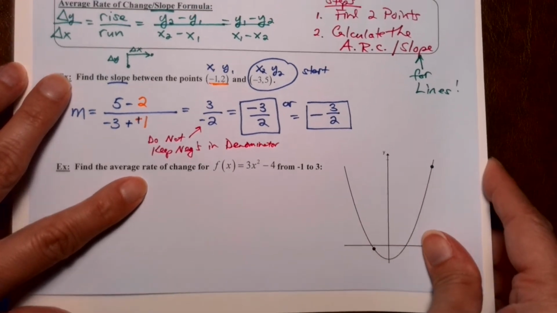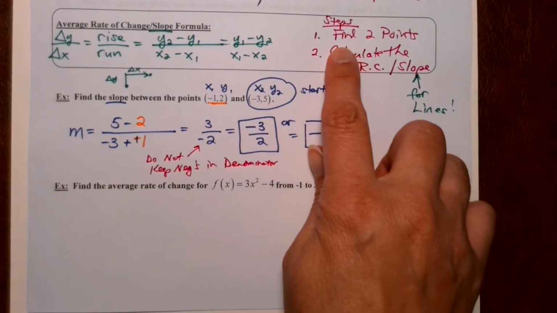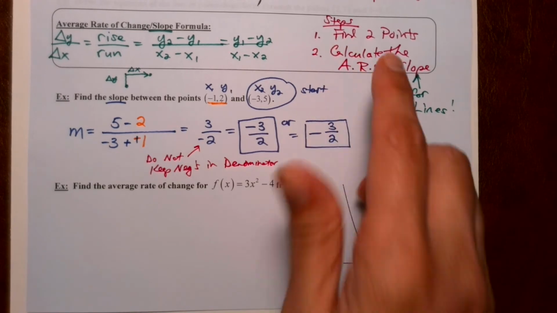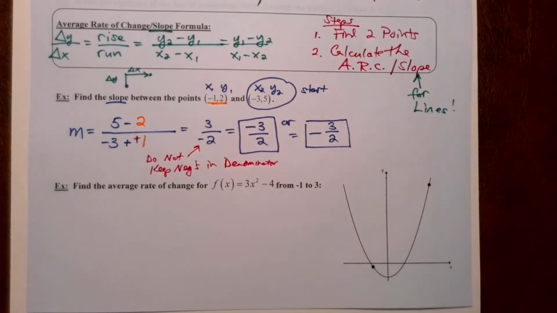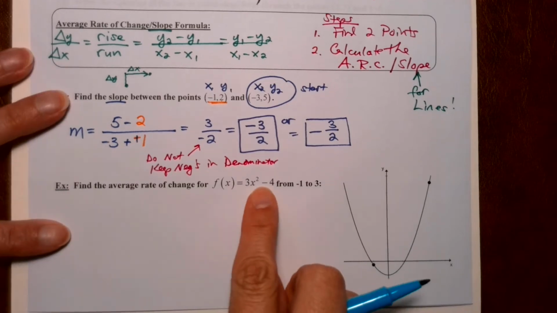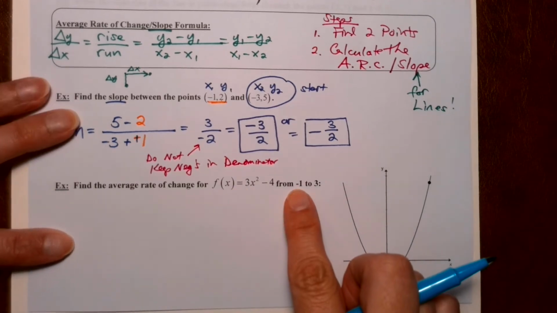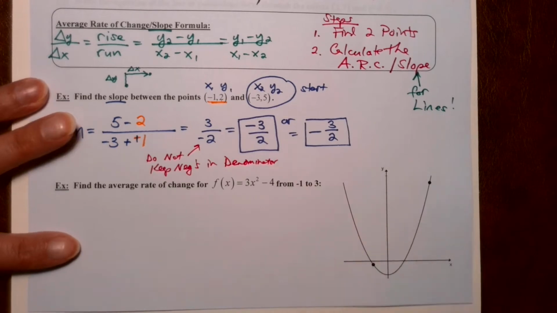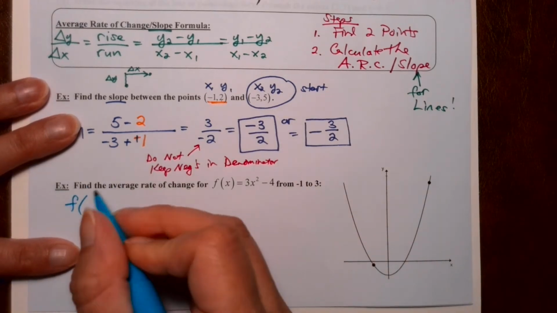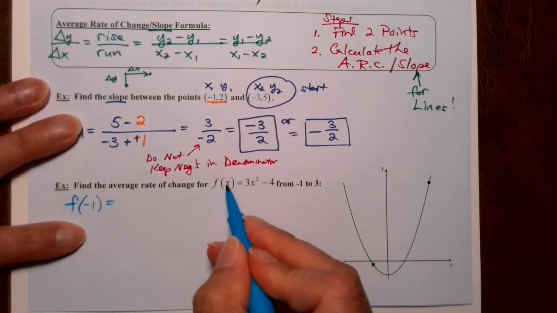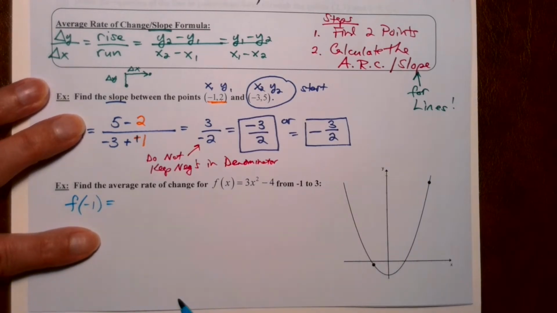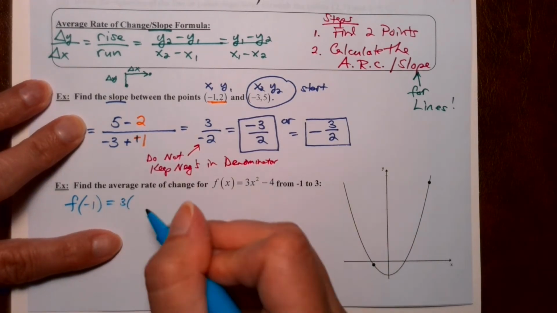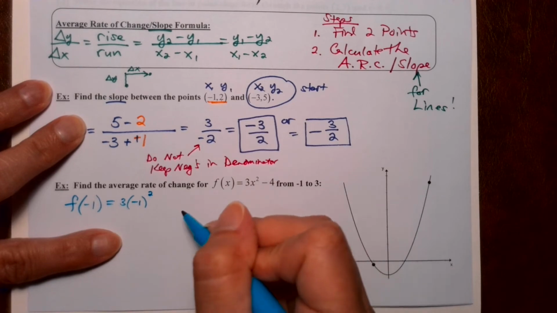And here's where those steps are going to come in handy. Step 1, we have to find 2 points. So what do we have? We have an equation going from negative 1 to 3. So the first thing I'm going to do is f of negative 1. I'm going to plug negative 1 into this equation: 3 times negative 1 squared minus 4.